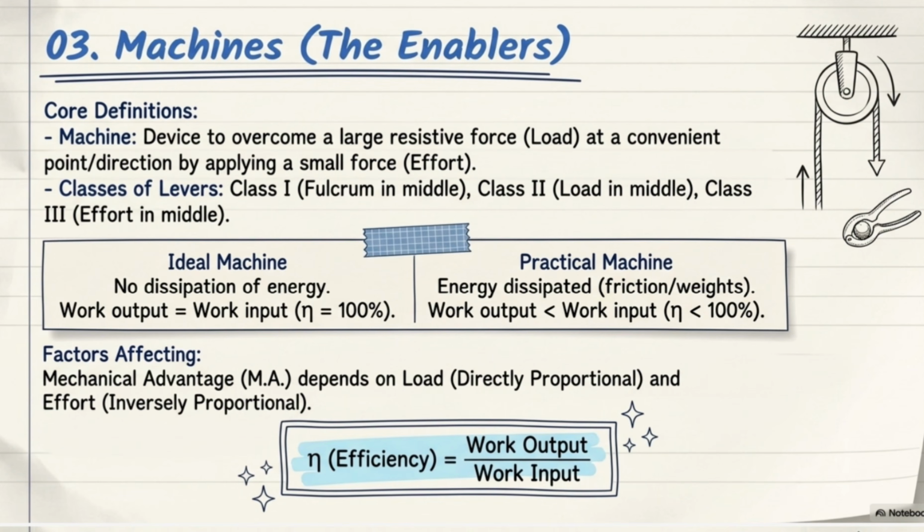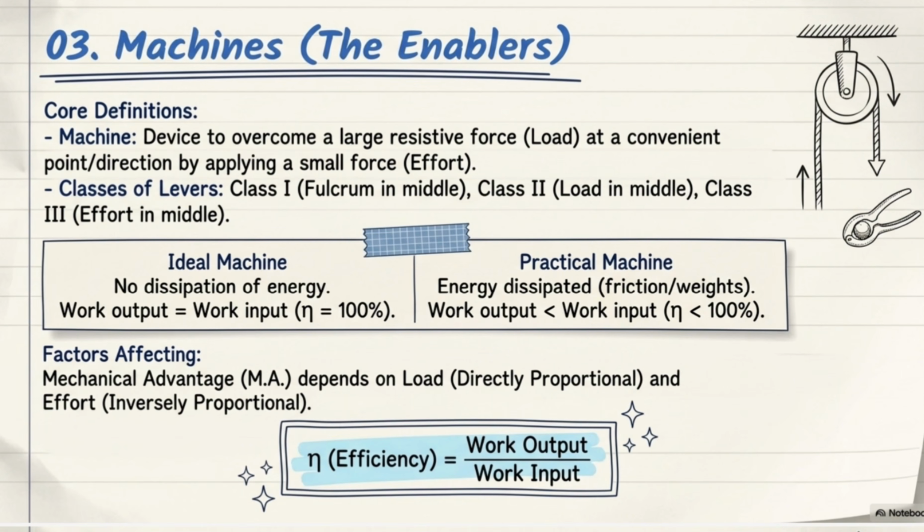Number 3. Machines, levers, and pulleys. Now let us understand machines. A machine is a device that helps us do work more easily by multiplying force or changing the direction of force. The most important terms in machines are load, effort, mechanical advantage, velocity ratio, and efficiency. Mechanical advantage tells us how much a machine multiplies the effort.